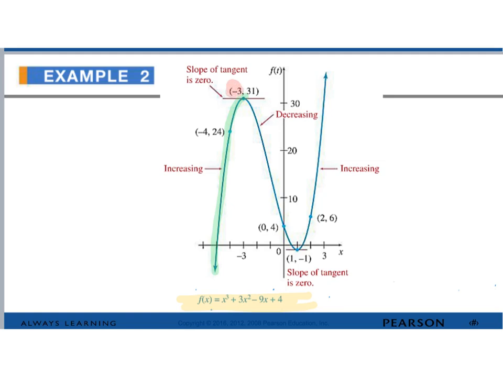Then it became decreasing on the interval from negative 3 to 1, our second critical value. And then it returned to increasing again from 1 to infinity.